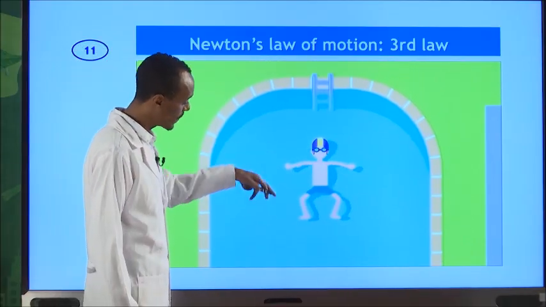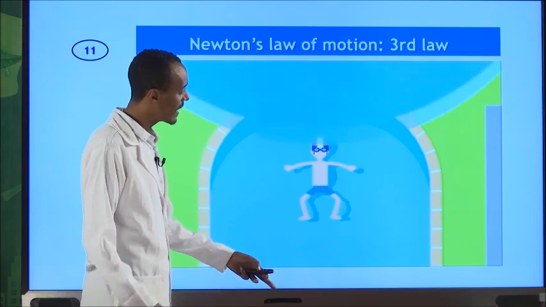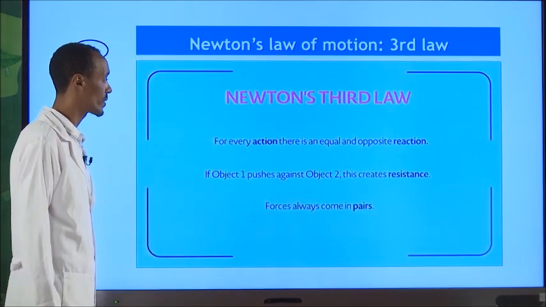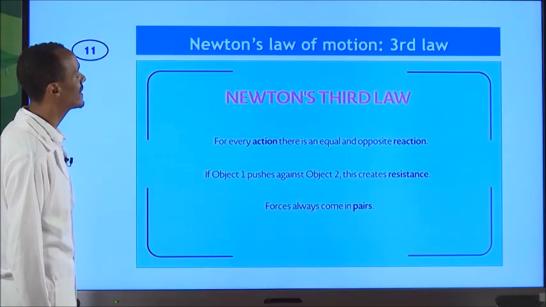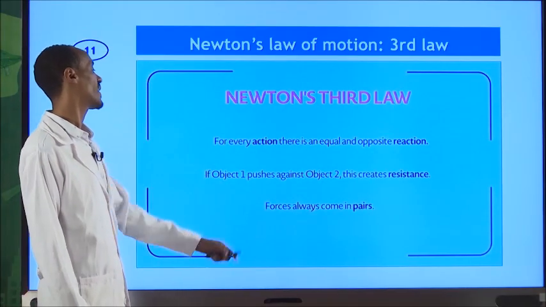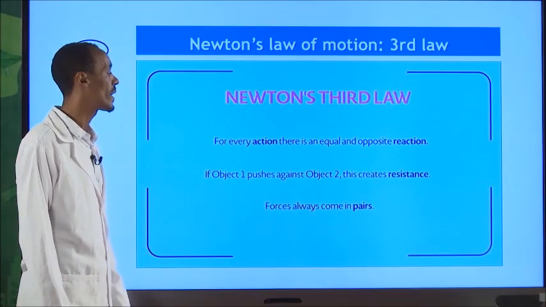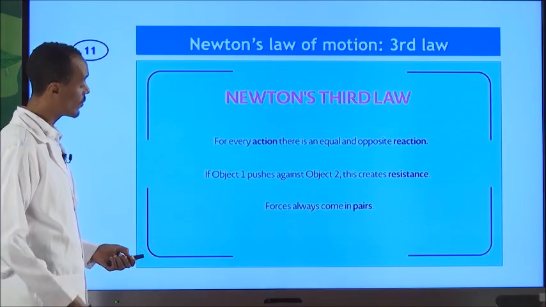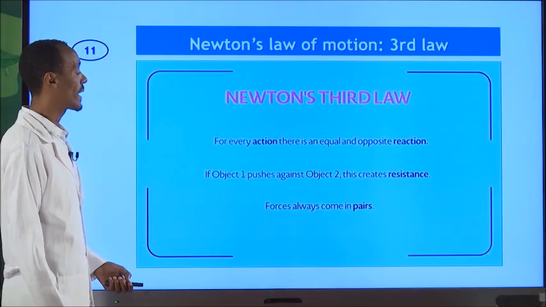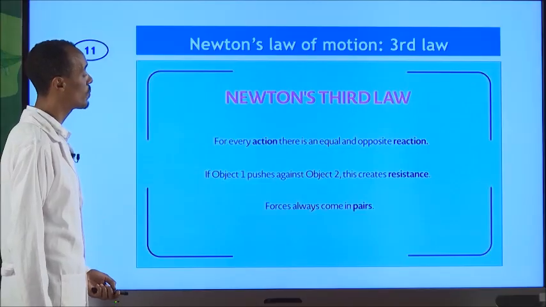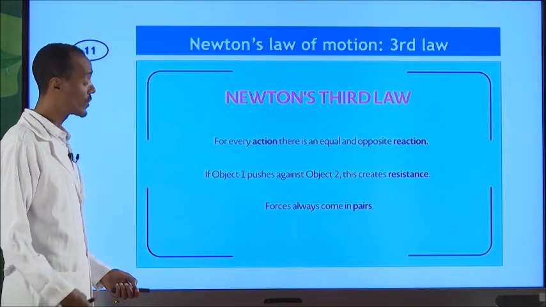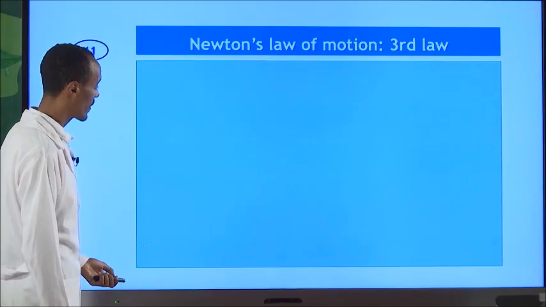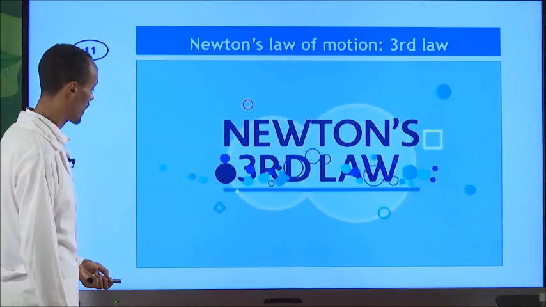You are pushing the water forward, and you are moving backward. So Newton's third law states that for every action there is an equal and opposite reaction force. That means if you are pushing object 1, object 2 is also pushing you back with an equal amount of force that you applied on it. Okay, further, let's see this.